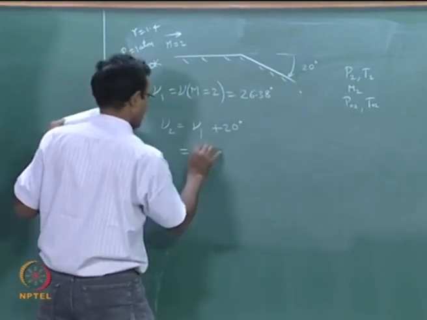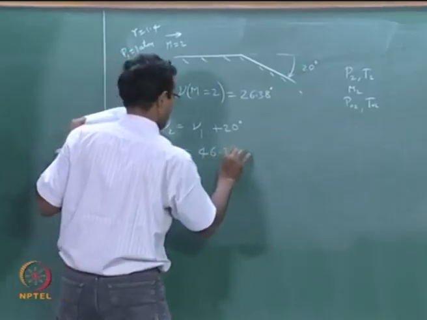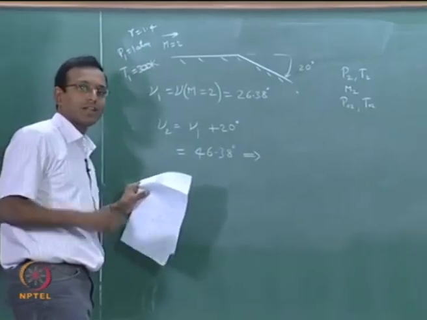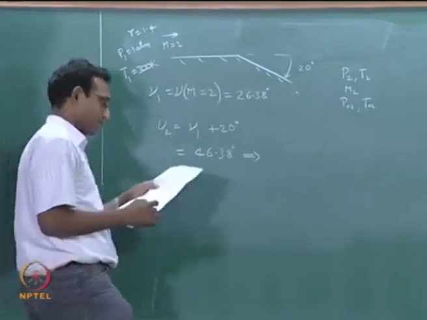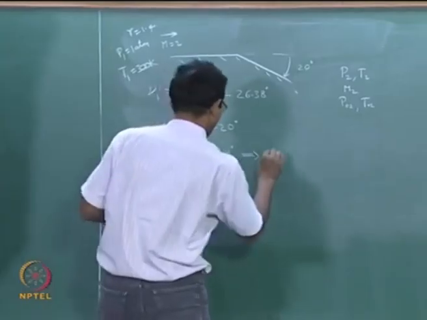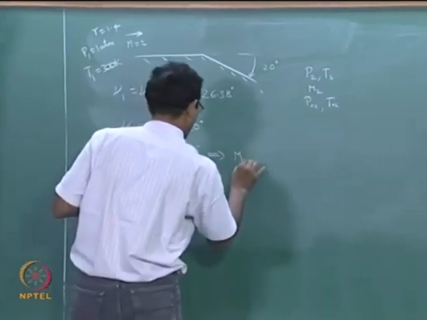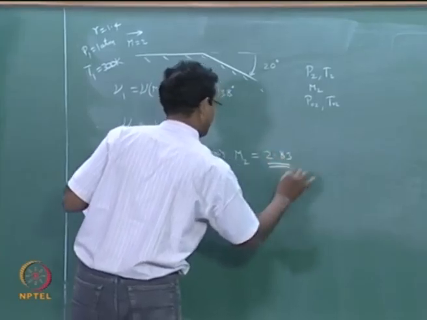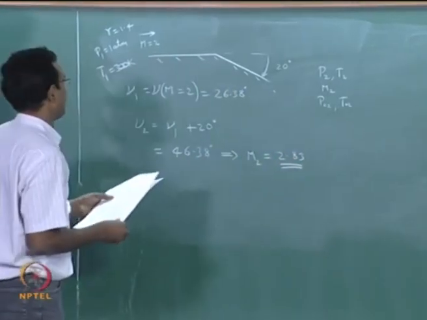So the final value is 46.38 degrees. If I go and use my Prandtl-Meyer function tables from compressible flow data books, I will get M2 equal to 2.83. This is the first phase.